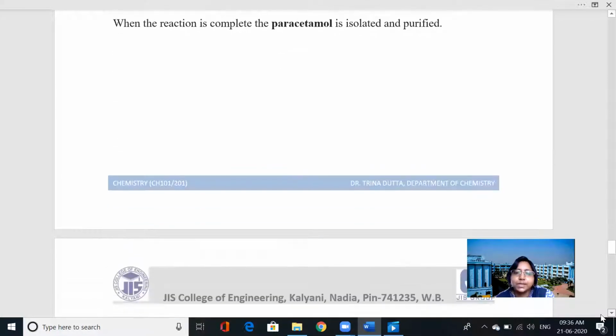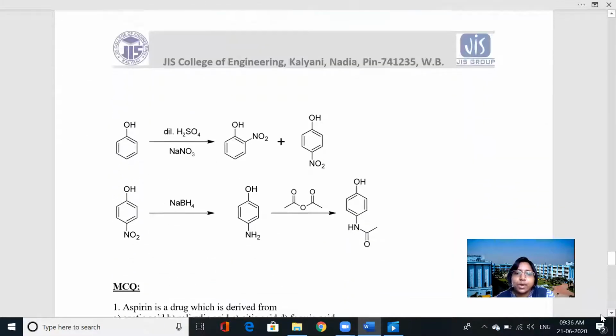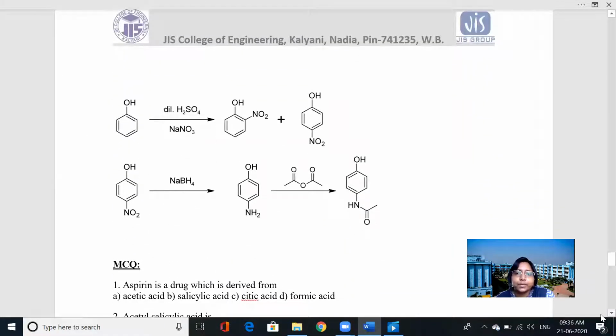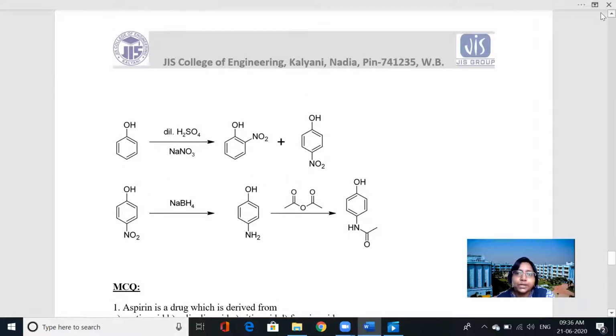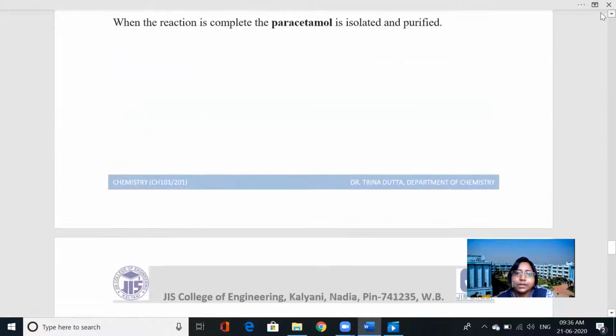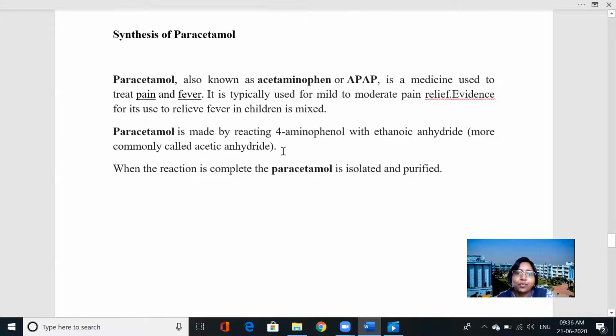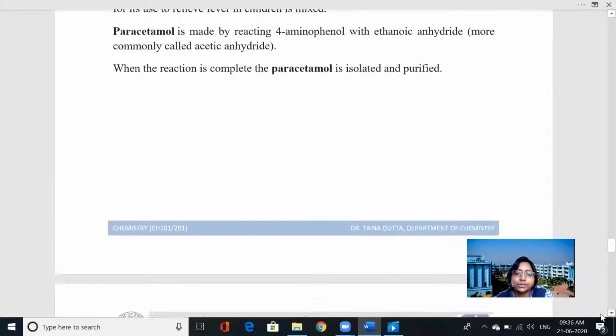So now we will see the reaction. So how we get the aminophenols. First of all, we take the phenol, and what is the raw material? It is the 4-aminophenol. So first, I will show how 4-aminophenol is produced.